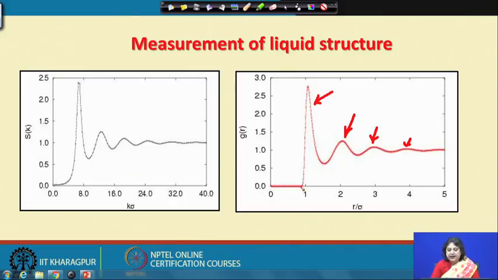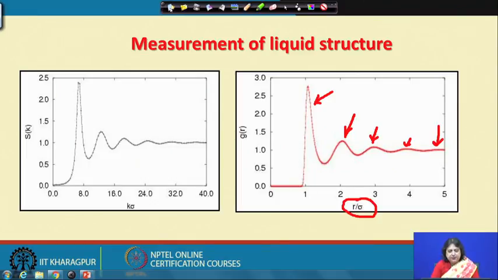As you see, these correlations become weaker and weaker, as given by the height of the peaks, as we go to higher pair distances, and then g goes to 1 when they are separated by a very large distance, which is the scenario of an ideal gas.